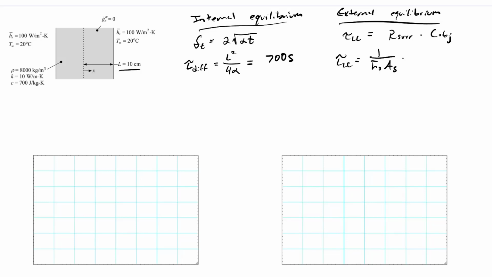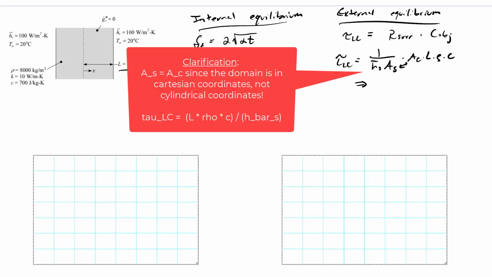It's going to be the volume, which is A C times L, times rho times c. So we end up with, assuming that A S and A C are the same for this... let's see, actually, how does that work? There might be a mistake in here.